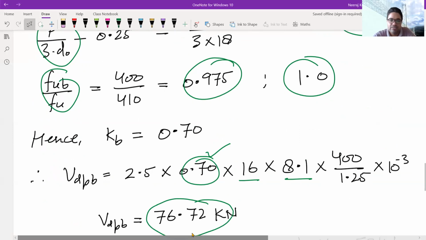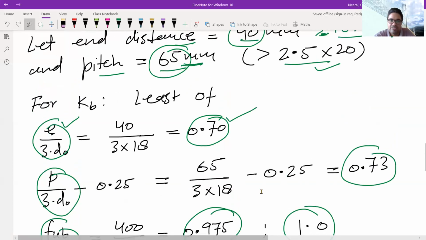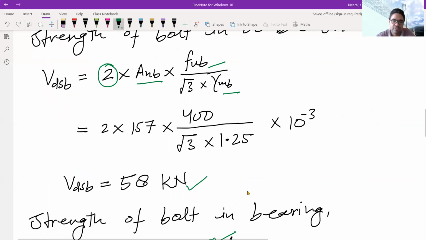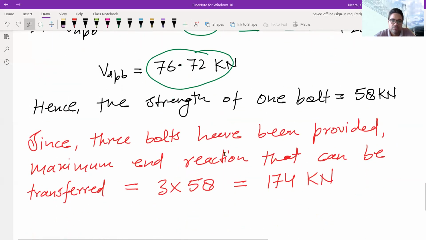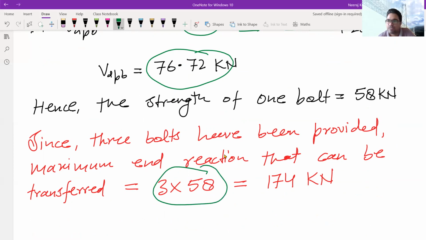The bearing strength of the bolt is 76 and the shearing strength of the bolt is 58. The least value is the strength of the bolt. As we have provided 3 bolts, the strength of all 3 bolts will be 174. So this joint can transfer 174 kilonewton as a reaction.